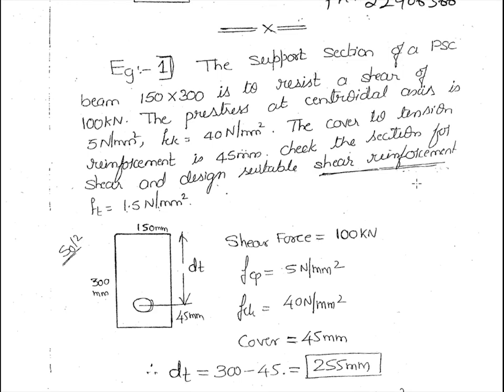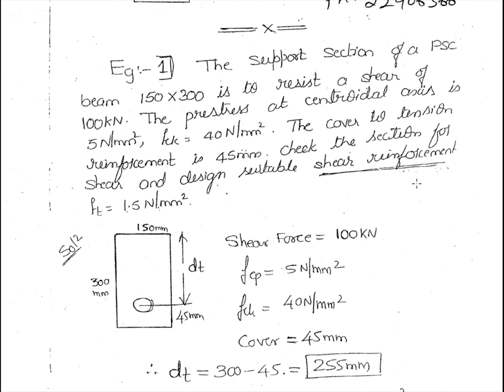The support section of a PSC beam 150 by 300 mm is to resist a shear of 100 kN. See here, the shear force is given in the question itself, 100 kN.